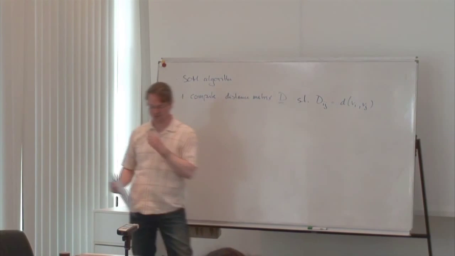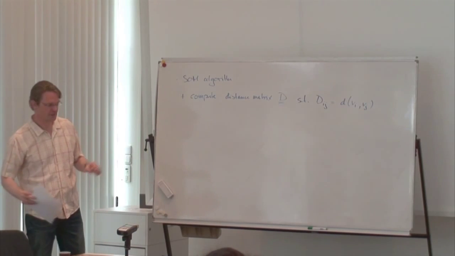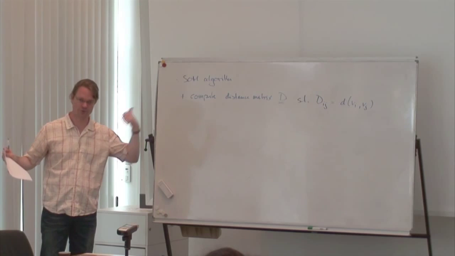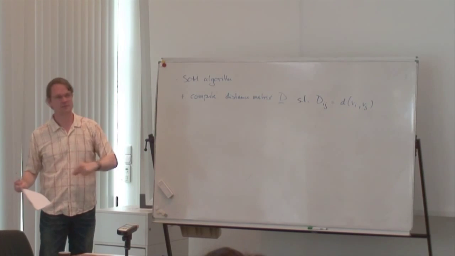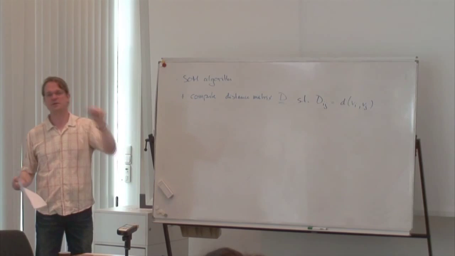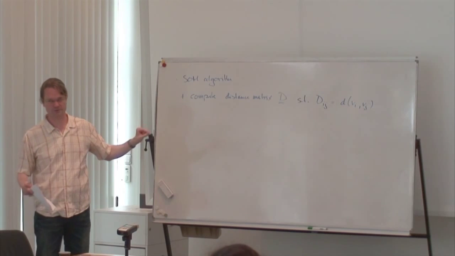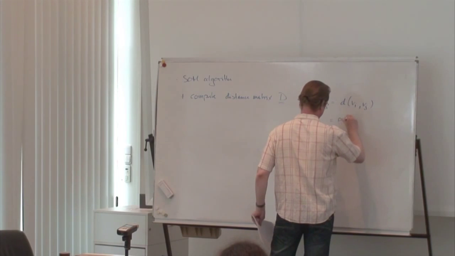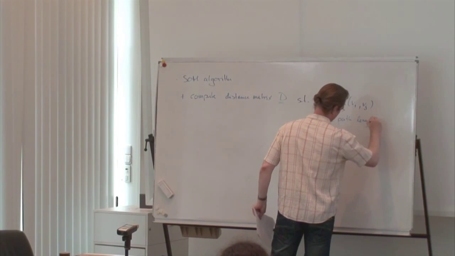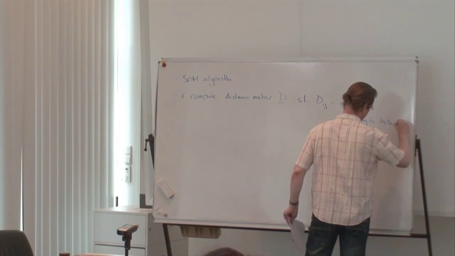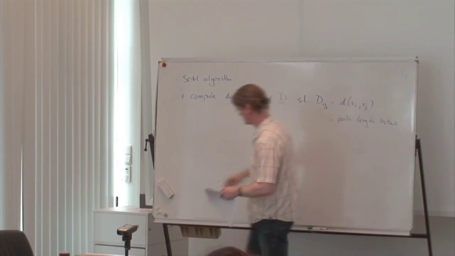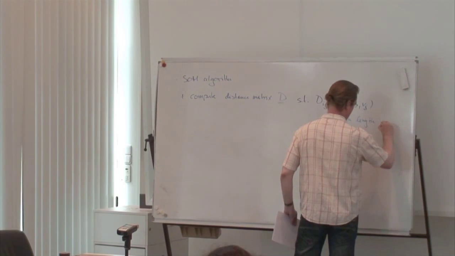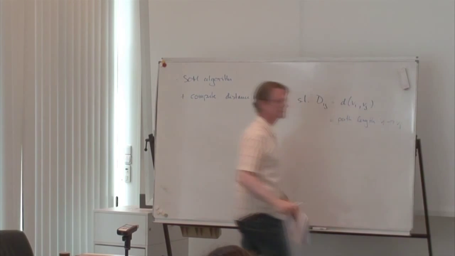And I insist that this is not the distance between the corresponding vectors that are attached to vertex i and vertex j, but it is the path length between these two vertices, right? So this is the path length of the path from vi to vj.